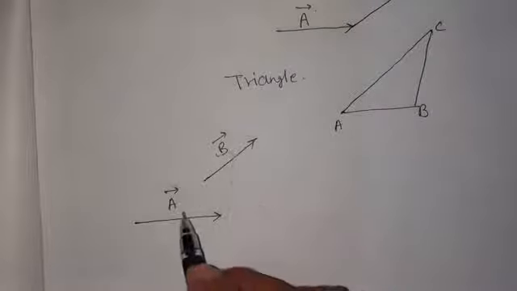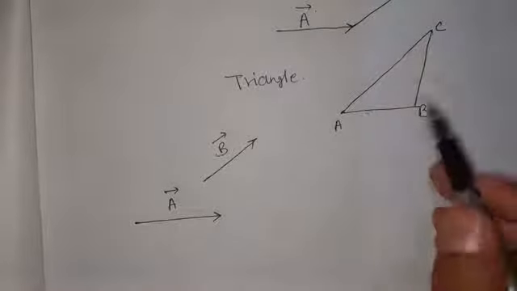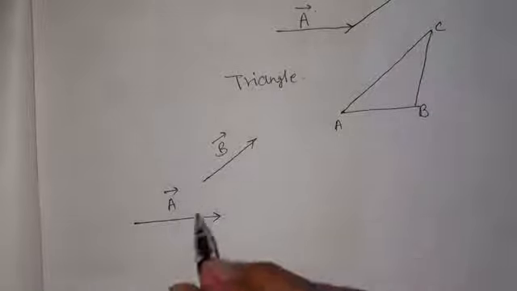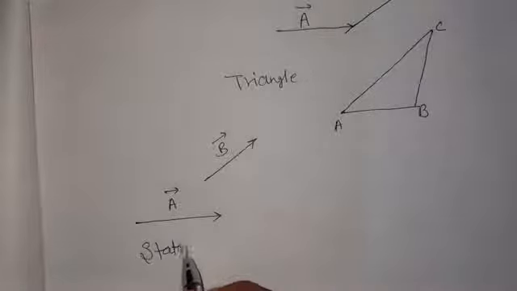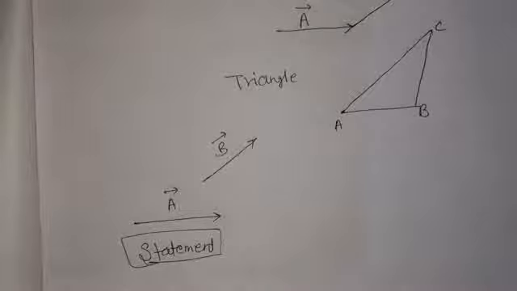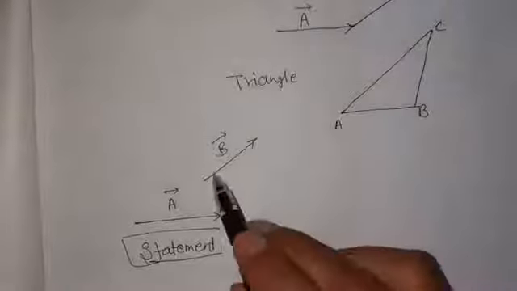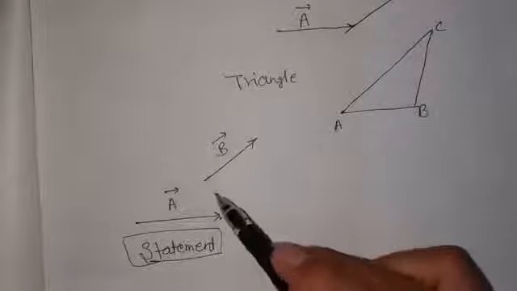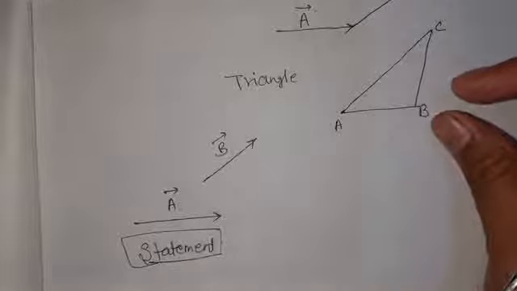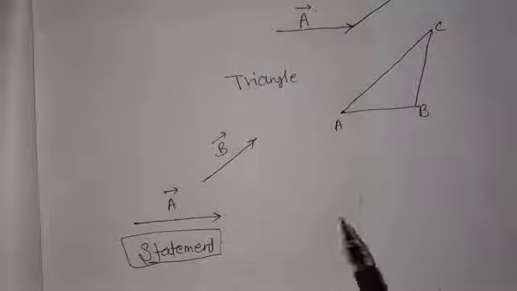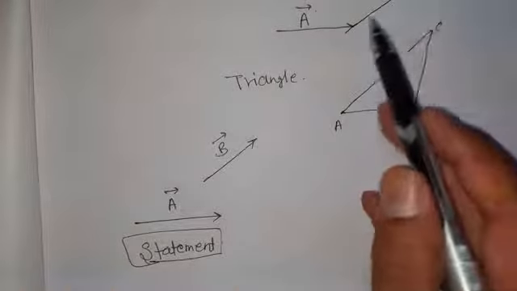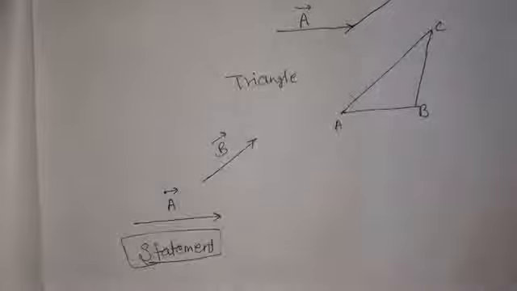To add them together we will take the help of this triangle. The statement of the triangle law of vector addition says: arrange the two vectors in such a way that they form two sides of a triangle taken in same order. As I said, if the head of one and the tail of the second coincide, they are in same order.